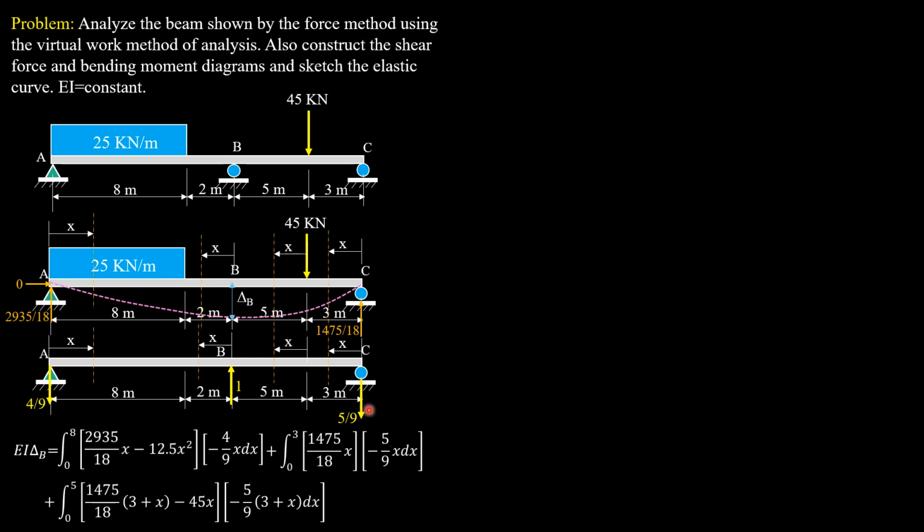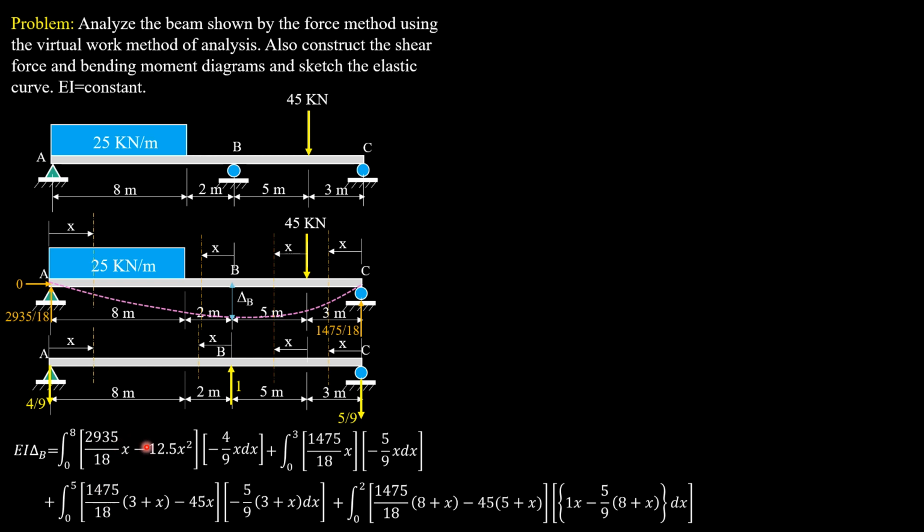Then for the small m, positive 1 times x, or simply x, then minus 5 over 9 times quantity 8 plus x.